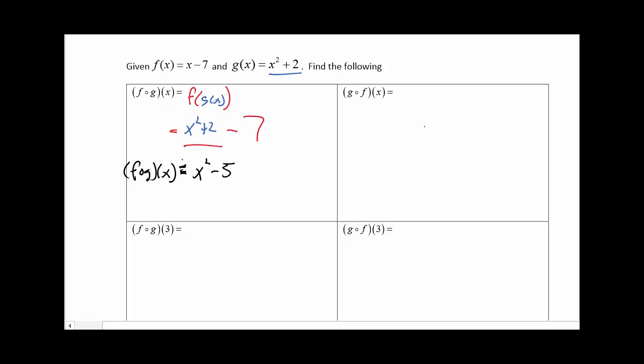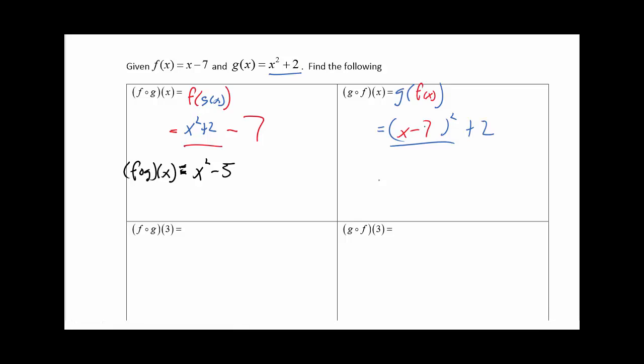Alright, then we're going to reverse the order. So we're going to switch and put g on the outside and put f on the inside. Now g happens to be something squared plus 2, and then I'm going to insert the f function, which is x minus 7.